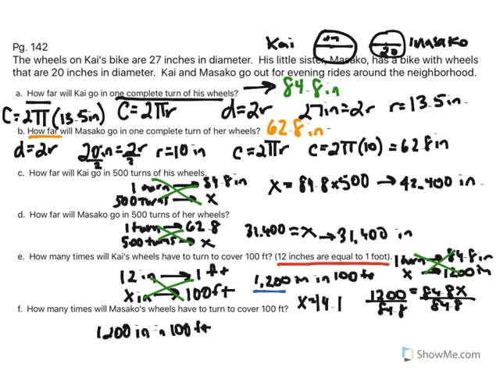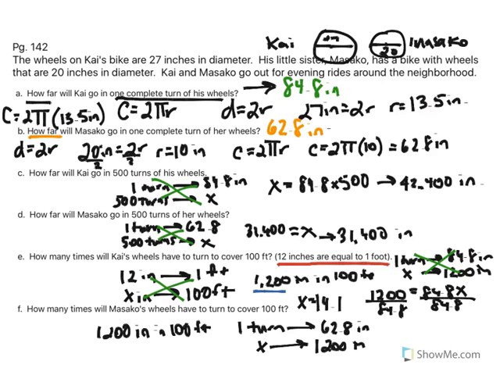Okay. So let's set up a ratio. In one turn, Masako's wheel covers 62.8 inches of length. So how many turns does it take to cover 1,200 inches?